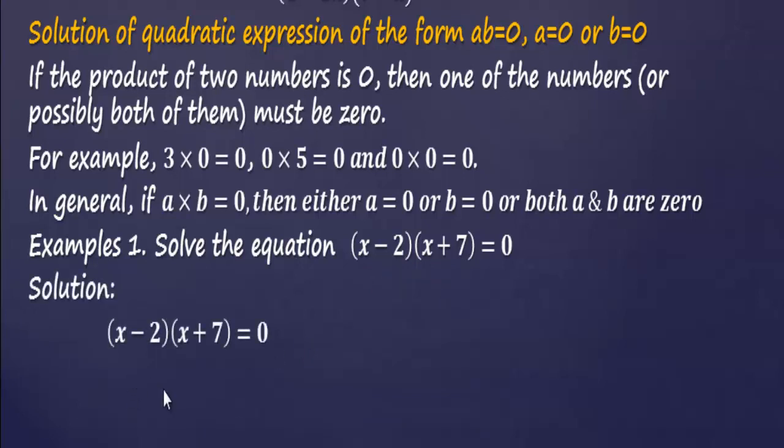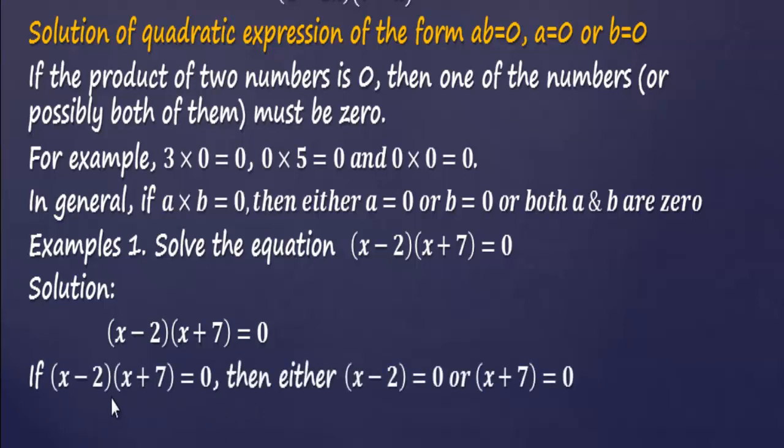Solution: if we have this expression equal to 0, it is either x minus 2 equals 0 or x plus 7 equals 0. Now, if x minus 2 times x plus 7 equals 0, then it's either x minus 2 equals 0 or x plus 7 equals 0.